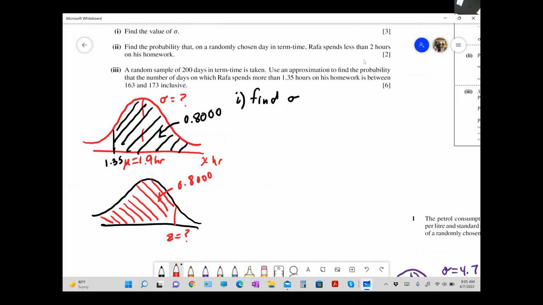Does that make sense? And the table we have only reads positive z-scores, areas to the left. Does that make sense what I just indicated? The z-score that will correspond to that area to the right of 0.8, which is a negative z-score, is equivalent to a positive z-score, area to the left. Because that's all we got.